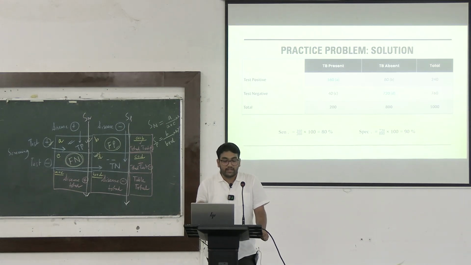Don't just write sensitivity as a percent. First do the 2 cross 2 table, define sensitivity, write the formula, do the sum, give the comment, define specificity, write the formula, do the sum, give a comment. Is that clear to everyone? This will be mandatory in all of your practical exams. One sum from sensitivity, specificity, positive predictive value, negative predictive value will be there for everyone.